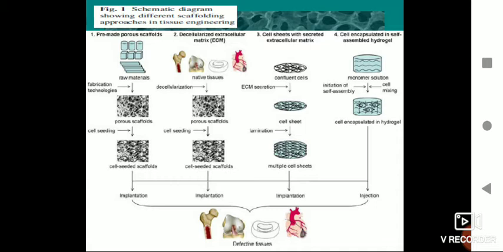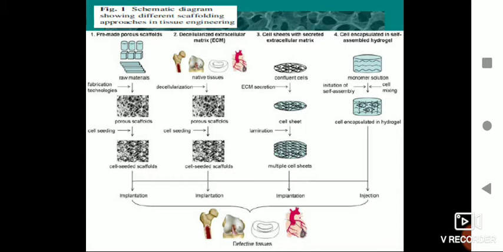The third approach is where cell sheets are used and these cells have the ability to synthesize extracellular matrix, so you don't have to seed any cell because the cells are already present. These sheets can then be arranged into layers to form a complete tissue.